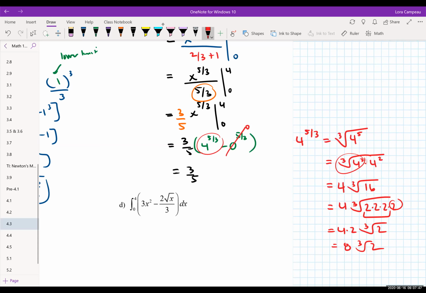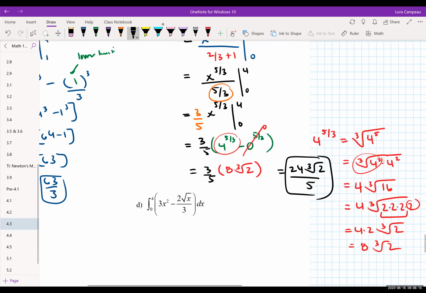So if that's something that you're interested in, depending on what they want in the final answer, this is 3/5 times 8 cube root of 2. So at the end, you'll get your answer. It's a little ugly, but what is that? 24 cube root of 2 over 5. So it's one version if they're looking for an exact answer. It depends on what's the preference here. So have fun.